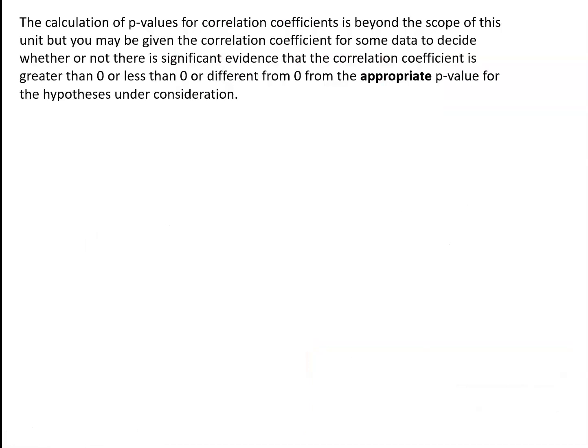Calculation of p-values for correlation coefficients is actually beyond the scope of this unit, but you may be given the value of a correlation coefficient for some data and asked to decide whether or not there is significant evidence that the correlation coefficient is greater than 0 or less than 0 or different from 0 from the appropriate p-value for the hypothesis under consideration. In other words, the question will give you the p-value for the hypothesis.